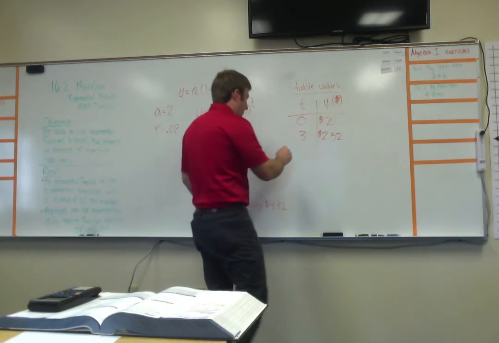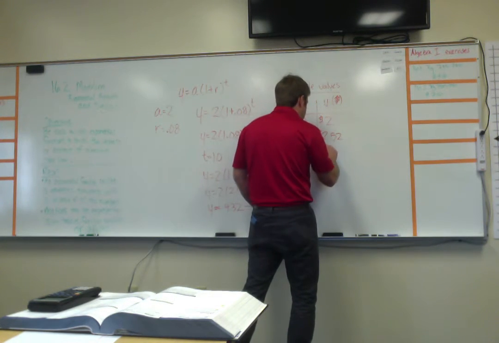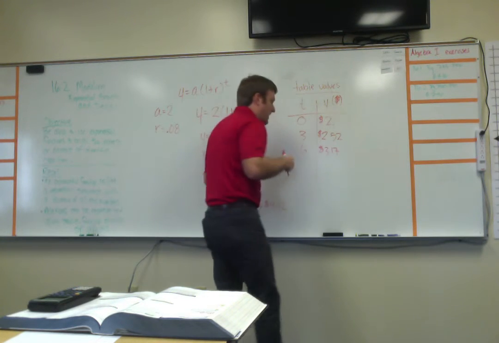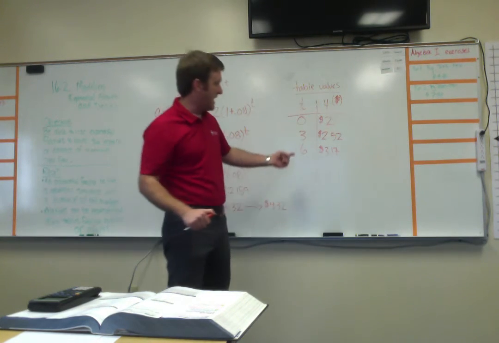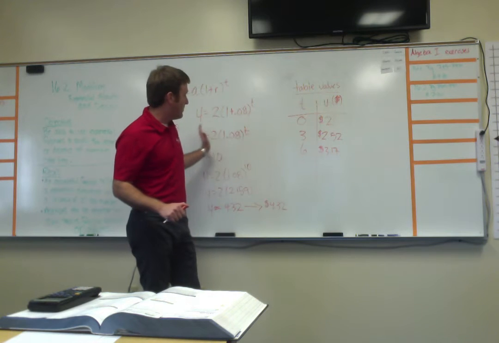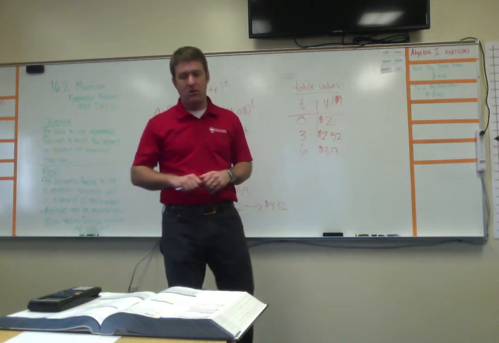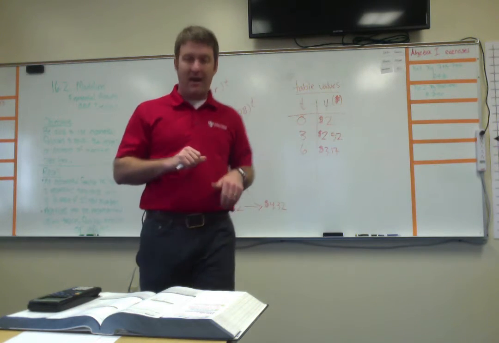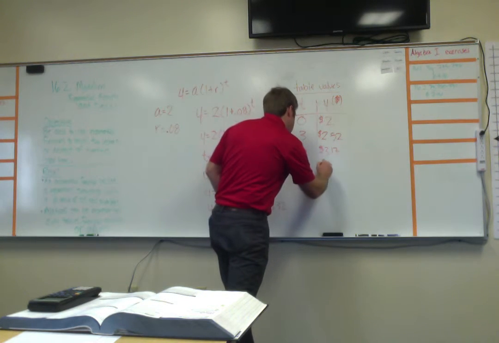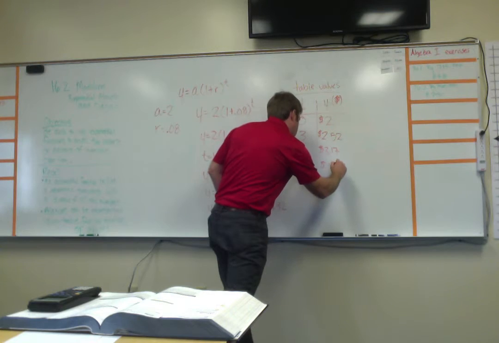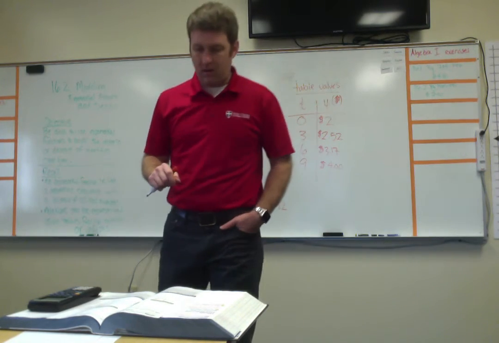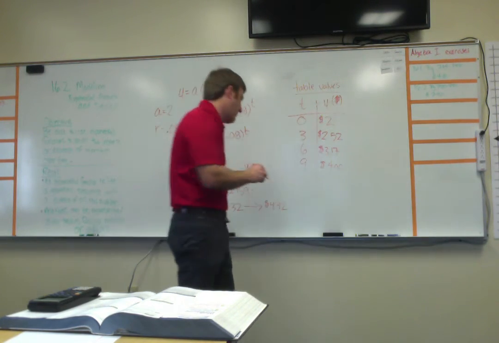After 6 years, it becomes $3.17. Again, you can find all of this by taking the time t and plugging it into this expression, and it spits out the price after that number of years. After 9 years, it gets to $4. Then after 12 years, it gets to $5.04.